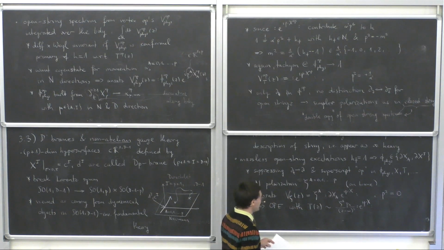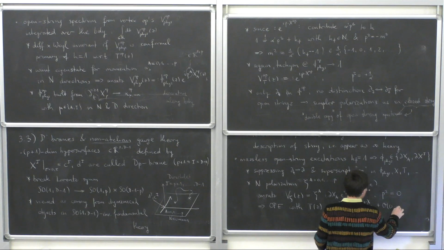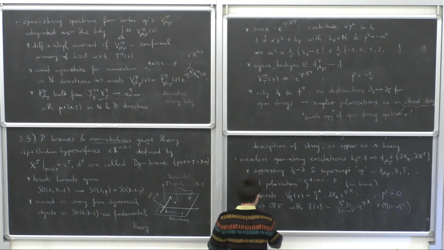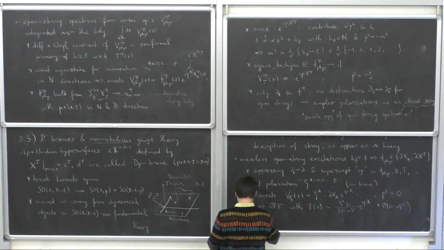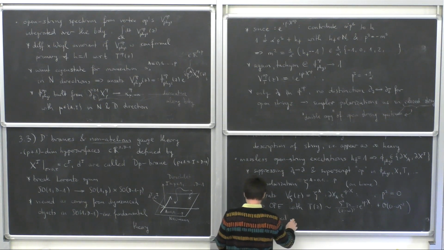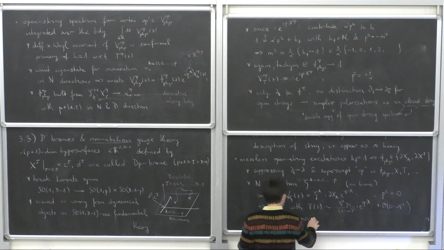Okay, so it's exactly the same situation as we had in the closed string case, that there is an obstruction to being a conformal primary field, an obstruction which we can get rid of by tuning the polarizations appropriately. So here we once more need a transversality property, that the polarization contracts to 0 with the momentum.